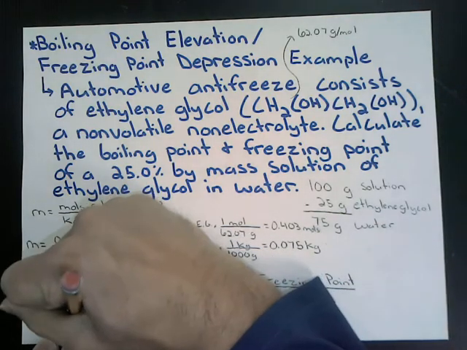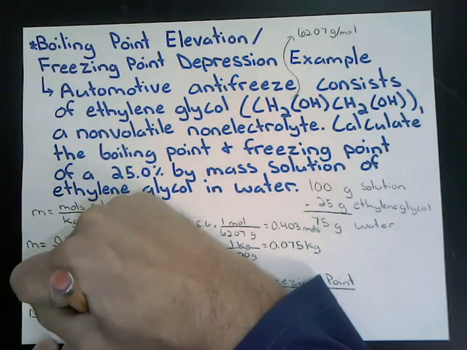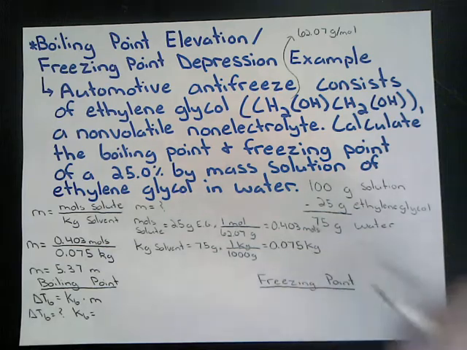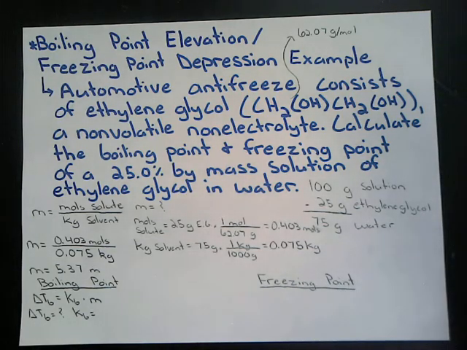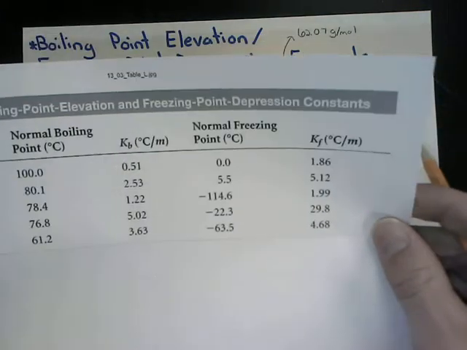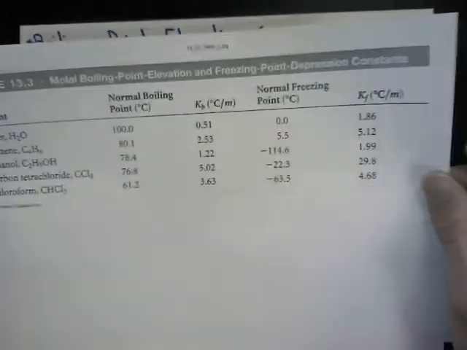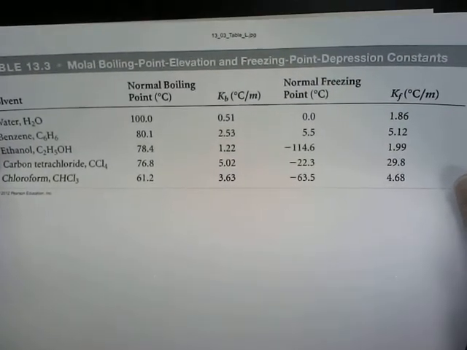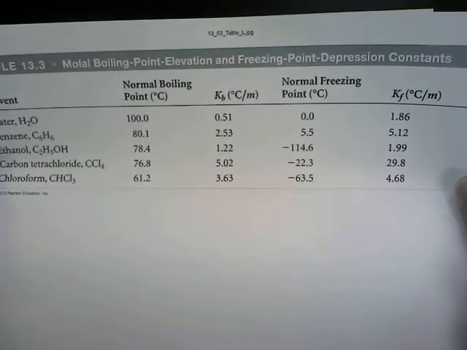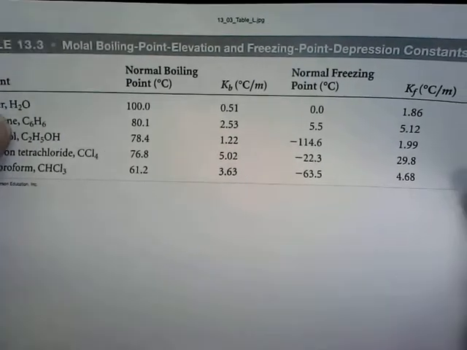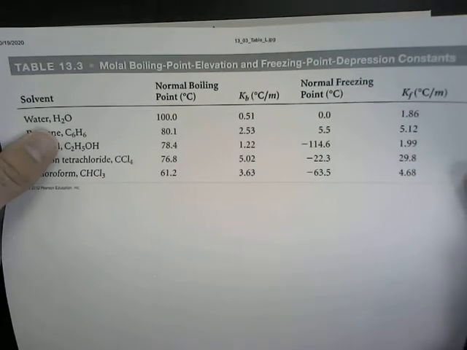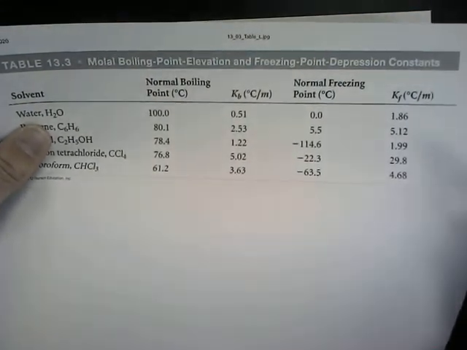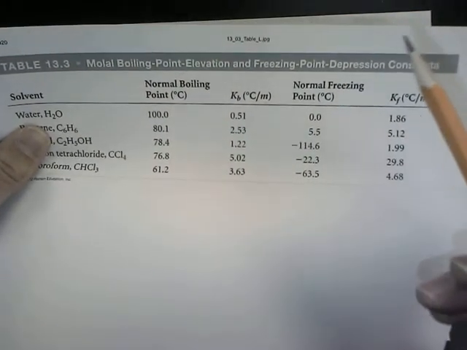Now, our Kb, I didn't really talk about here the constants, but our constants for this class are going to be given. So I have a chart which I will attach, but we look for the molal constant for your solvent. In this case, it is water, H2O. Again, we need Kb.